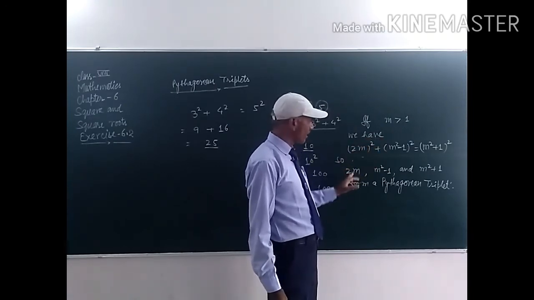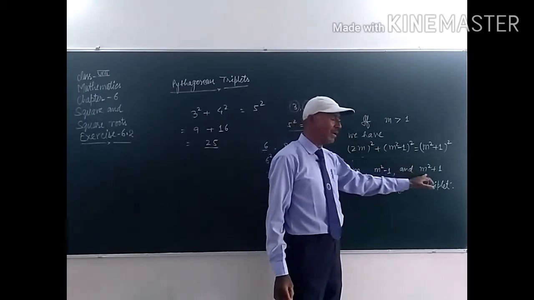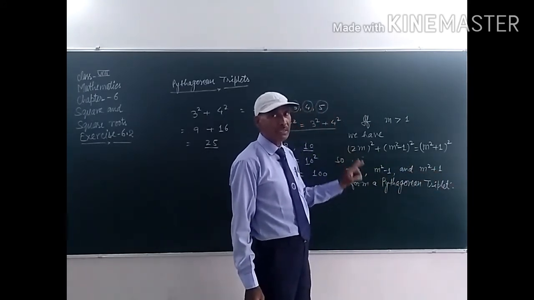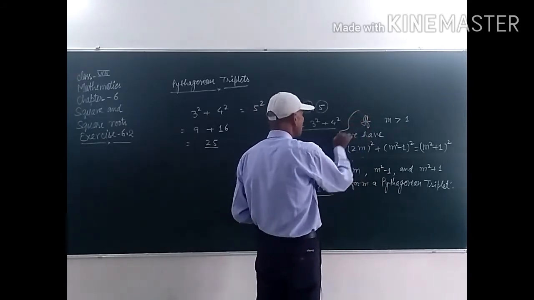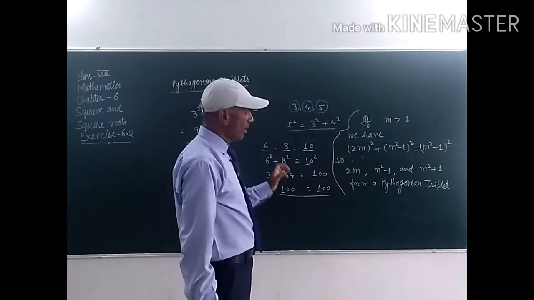So these numbers are the members of a Pythagorean triplet. Clear, students? We have to use this rule in solving question number 2.